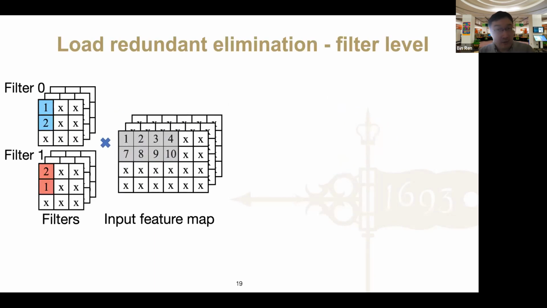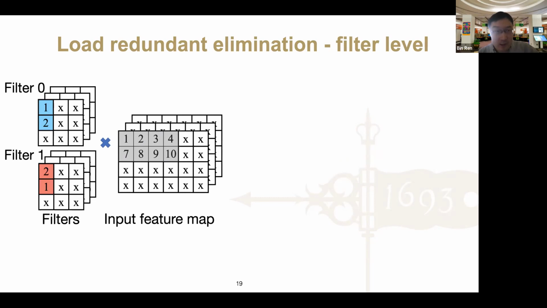Similarly, we can also explore filter level load redundancy elimination opportunities. For example, if two filters have identical patterns: in this filter we have two weights, 1, 2, and here we have 2, 1, but they have the same pattern.